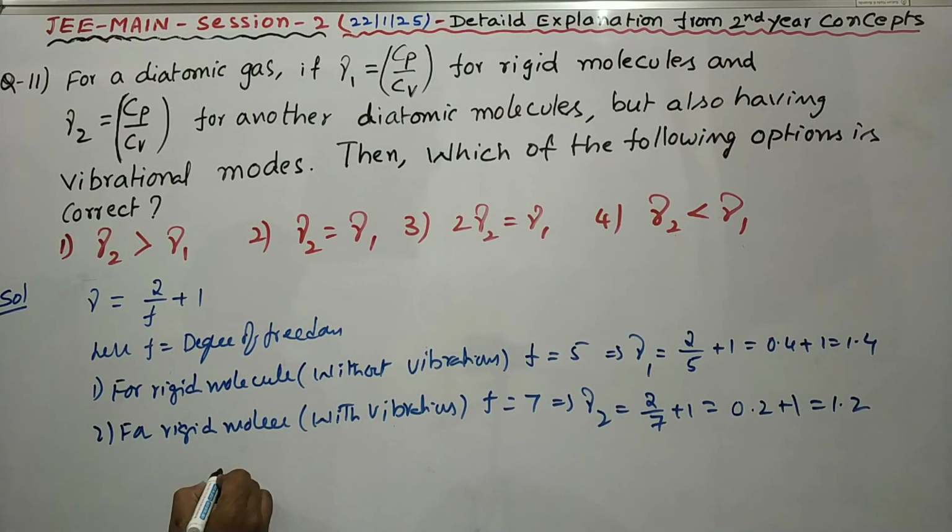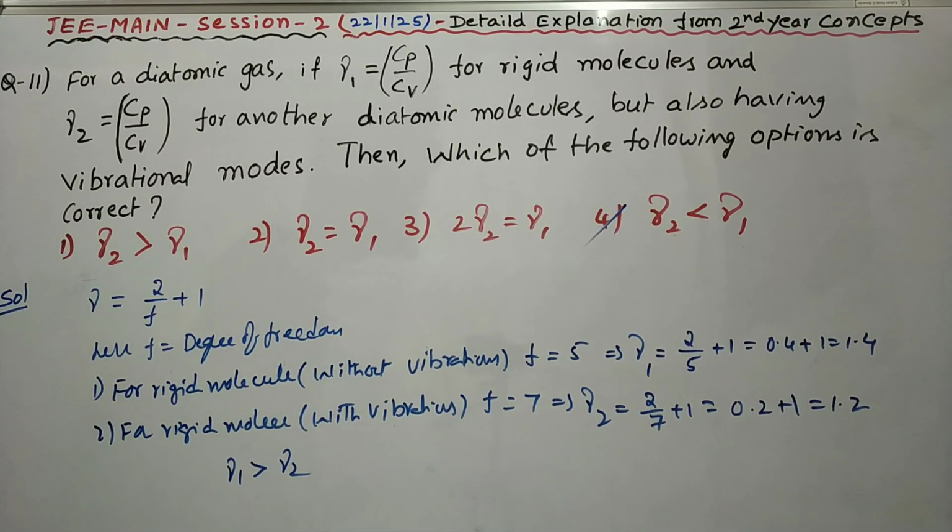From this you can write that gamma 1 is greater than gamma 2. So according to the given options, option 4 is the correct one.